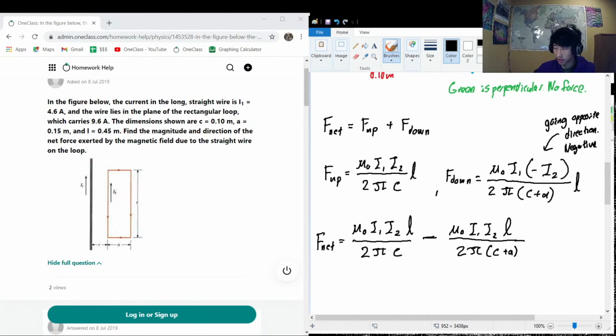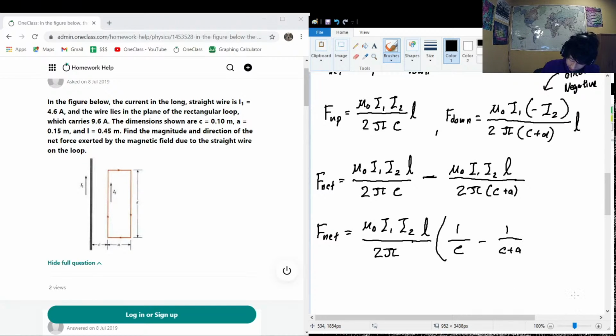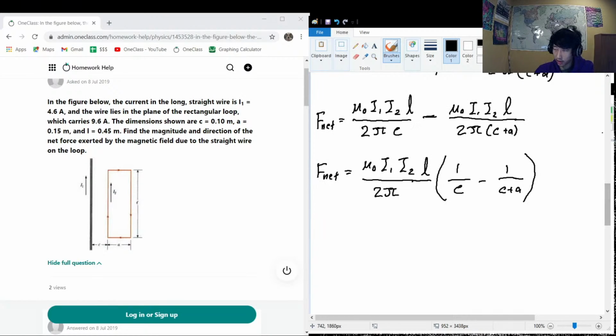We can factor this out to make our calculation easier. Mu naught, I1, I2, 2 pi on the downstairs, and L on the upstairs are common to both terms. All that is left that is different is 1 over C minus 1 over C plus A. This is our expression for this situation, and then we can sub in some numbers and get the final result of the net force.